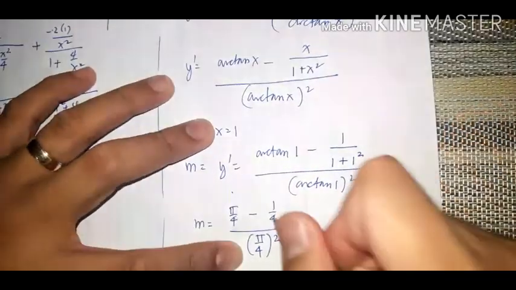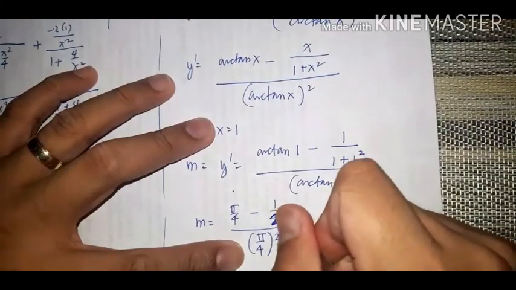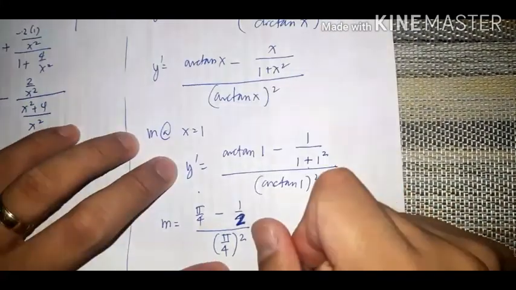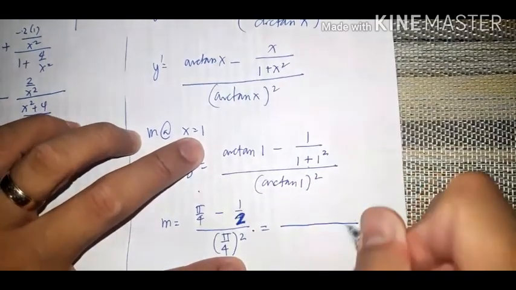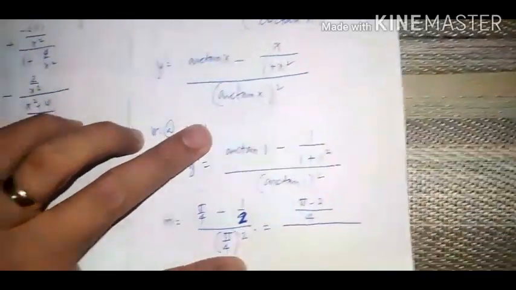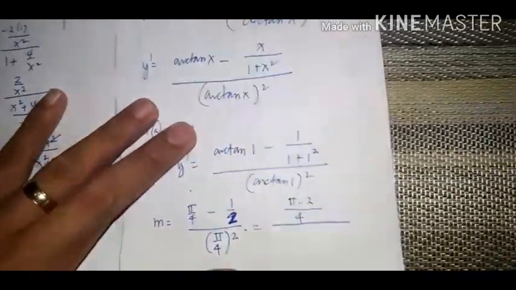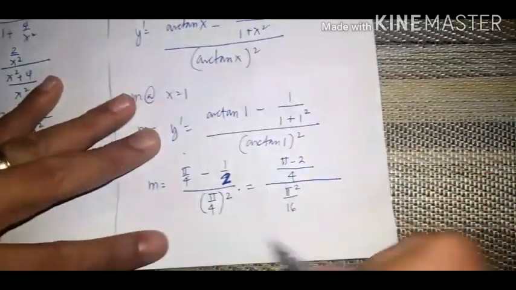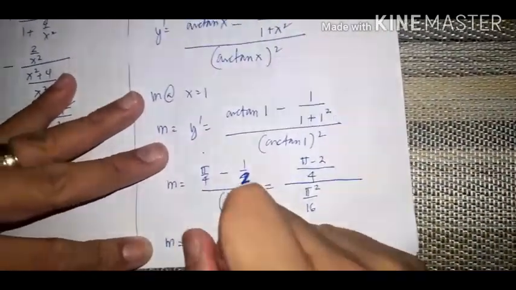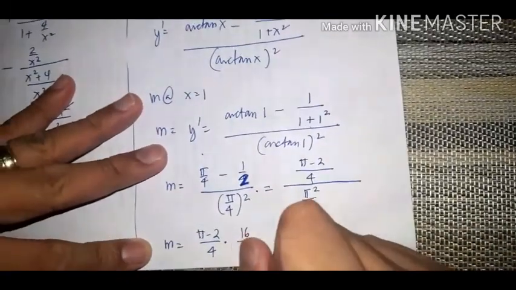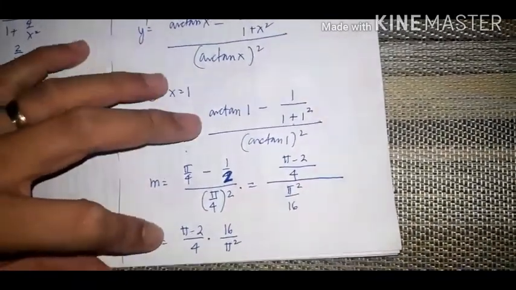Sorry. It should be 1/2. Because 1 plus 1 squared is just 2. So, simplify muna natin yung numerator. Ang LCD ay 4. You have pi minus 2. So, over pi squared over 16. So, your slope there is pi minus 2 over 4 times 16 over pi squared.